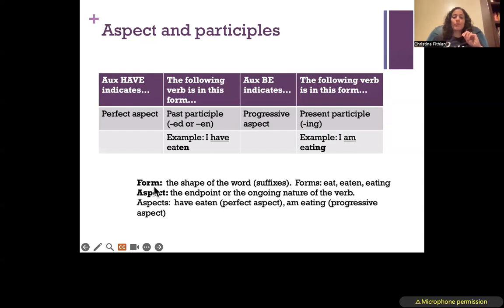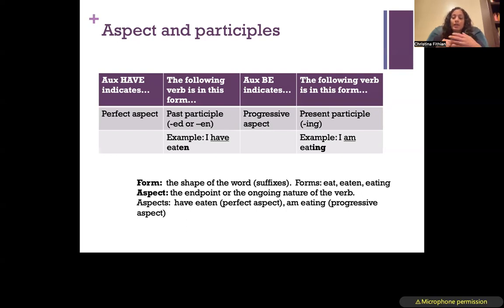So when we're talking about form, we're talking about the shape of a word. What suffixes does it have? Does it have this en suffix? Does it have an ed suffix that looks like past tense? Does it have an ing suffix? So forms would be things like eat, eaten, eating. These are all different forms of the verb eat. Now, this is distinct from aspect. Aspect is talking more about the nature of the verb.